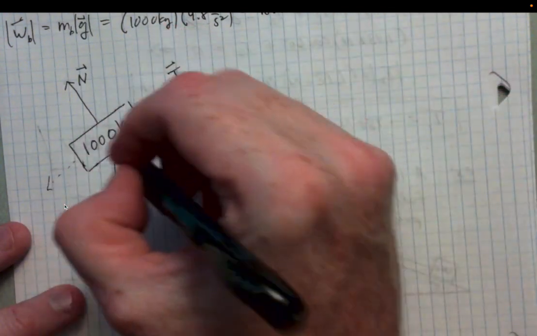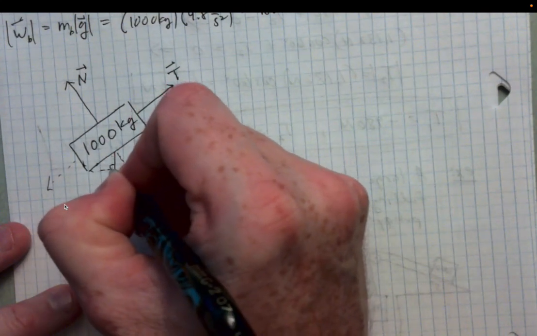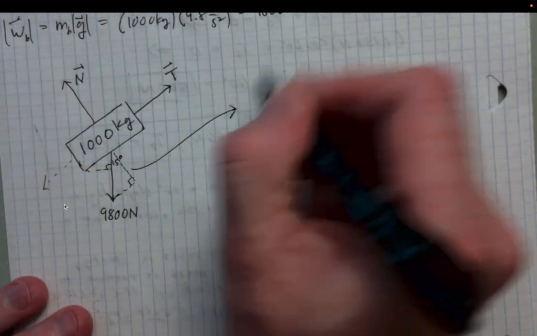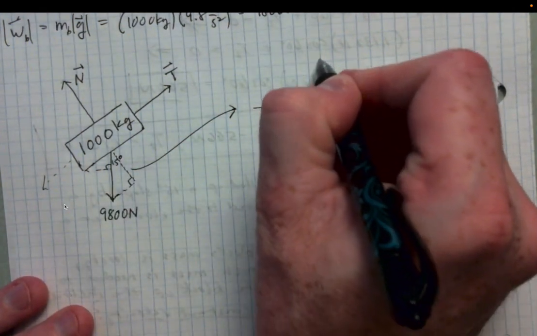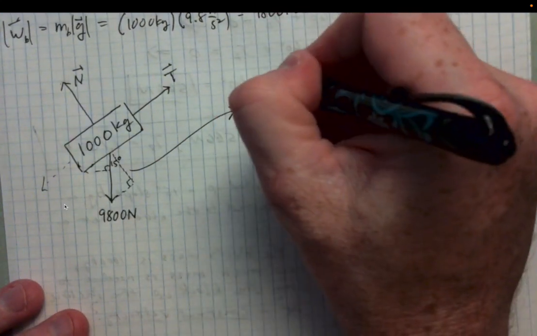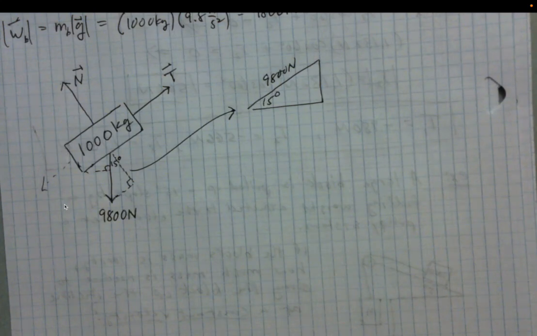So if this is 15 degrees here and this forms a right angle there, then that must be 15 degrees. We're dealing with this triangle here, and we know that this is 9,800 newtons here. At this point we really need to settle on some kind of coordinatization.